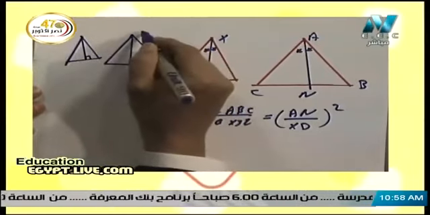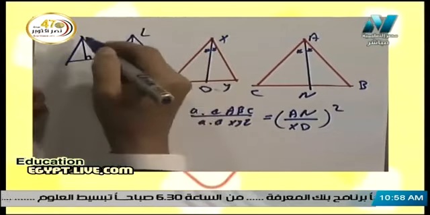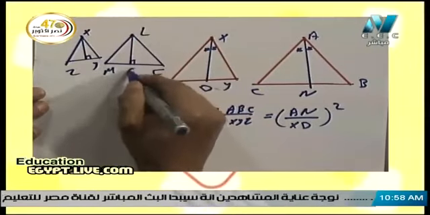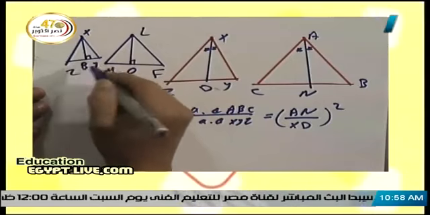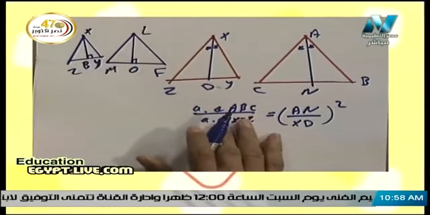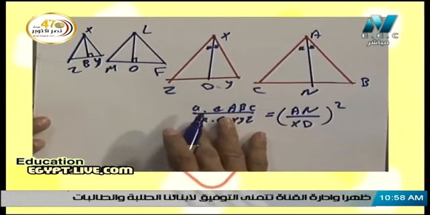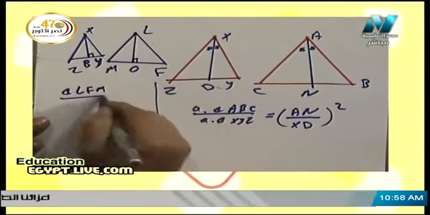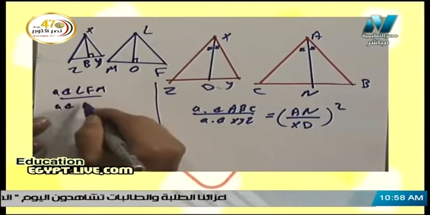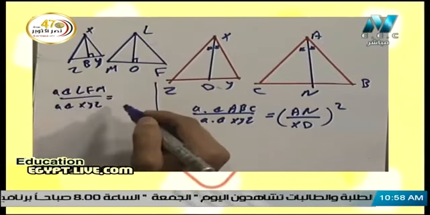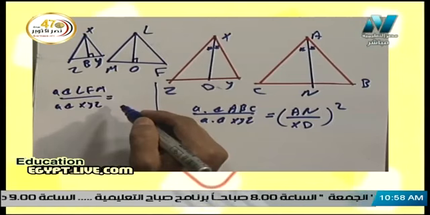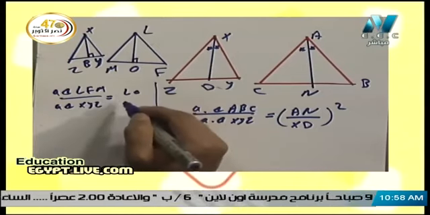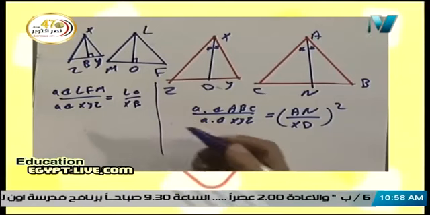If we say that this triangle is LFM and XYZ also, and this is LO and XB. Okay, so the ratio between the area of two triangles here, triangle LFM over the area of triangle XYZ, equals the two perpendiculars but not squared, LO over XB.